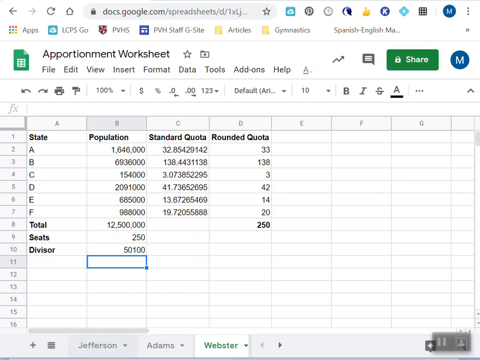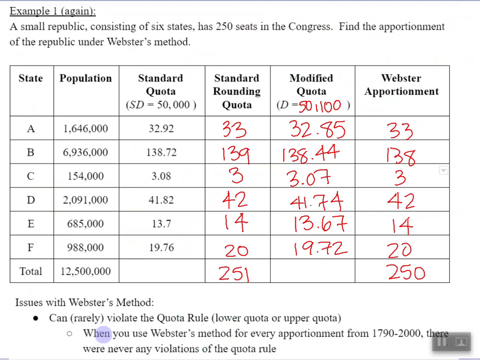Okay, that works. Now my total is 250. So I'm going to copy these modified quotas and the rounded modified quotas onto my slide. So, using the modified divisor 50,100, I got these modified quotas, rounded them, I have a total of 250 seats, so I'm good. That's my Webster apportionment.